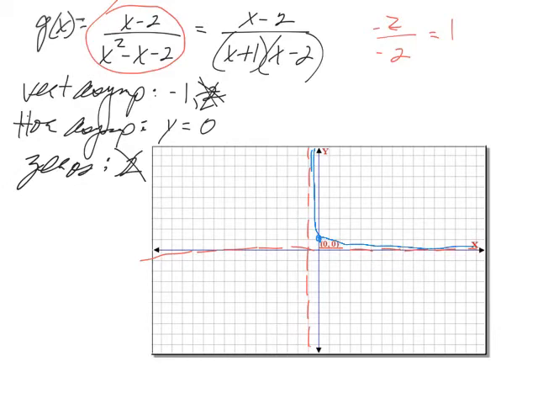Okay, but when we get to 2, we have to put an open circle there because 2 is not part of this domain. It's not part of what we're doing. So that's the thing to remember when you're doing these. When you get a factor on the top that is the same as a factor on the bottom, we have common factors, and whatever makes this 0 is not in the domain.